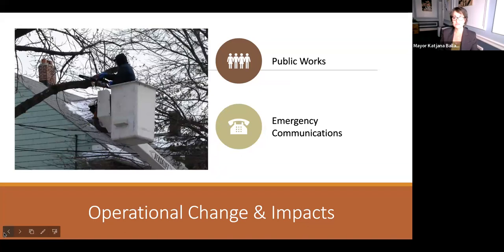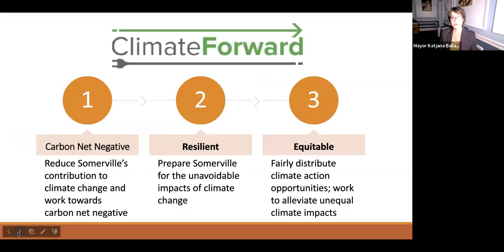We've created new positions for rodent control, inspectional services, DPW, and emergency communications as a direct result. And again, this is just a sampling. There are impacts across operations citywide. In short, we're not sitting back and waiting for climate impacts to surprise us.